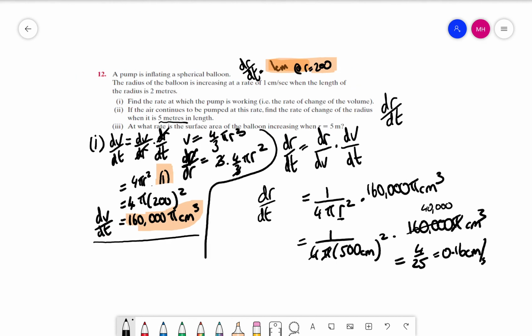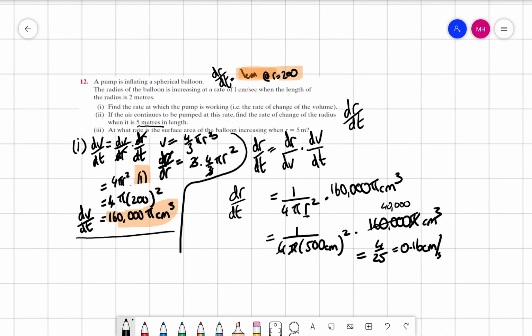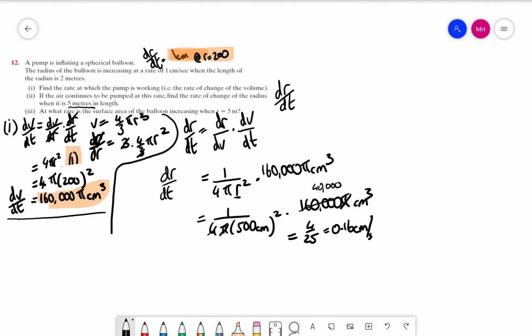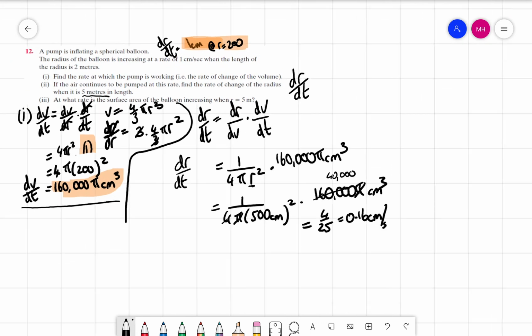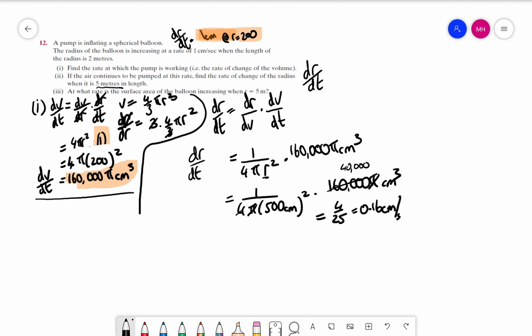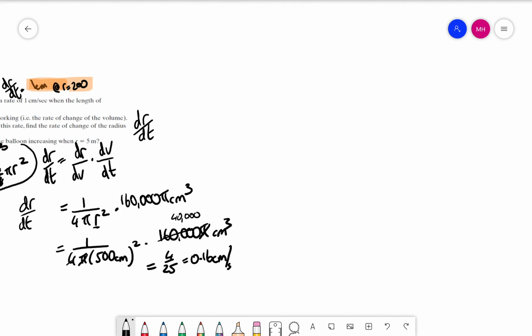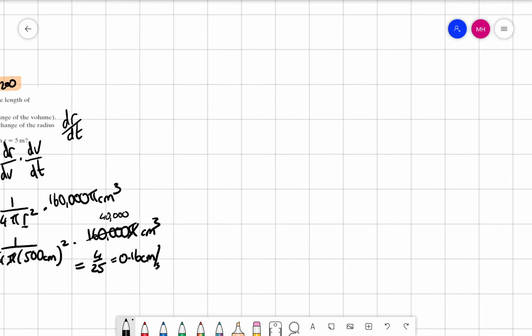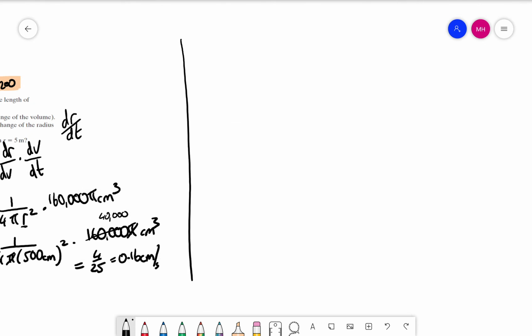And the last part of this question: at what rate is the surface area of the balloon increasing when r is equal to 5 meters? So surface area of a balloon, think about that for a second. The surface area of the balloon is given by the following formula.